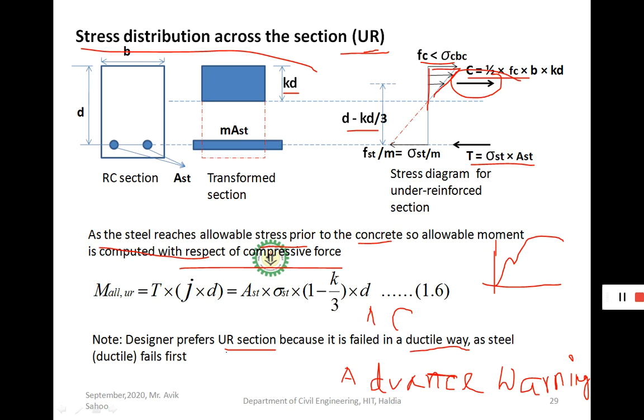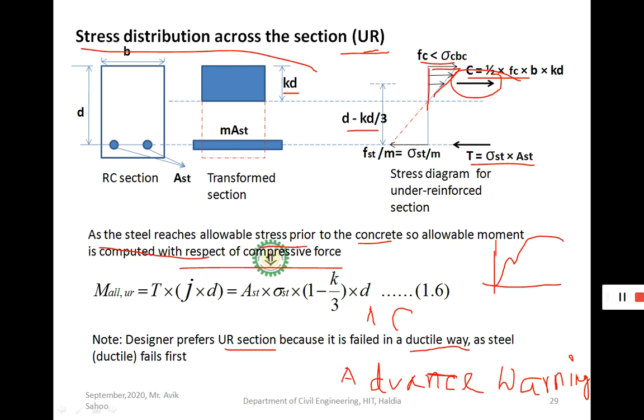So the main thing is, in an under reinforced section, ductile failure occurs. You know that ductility means it can change shape without fracture, and also large deformation occurs before failure. So obviously we'll get the advance warning.